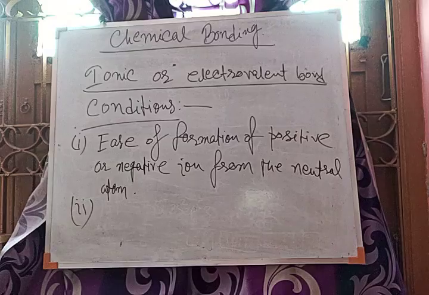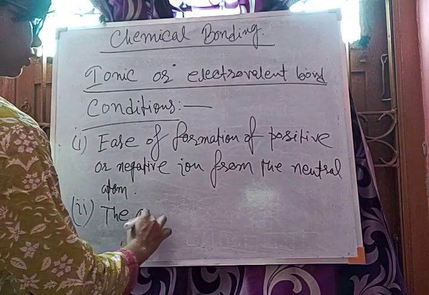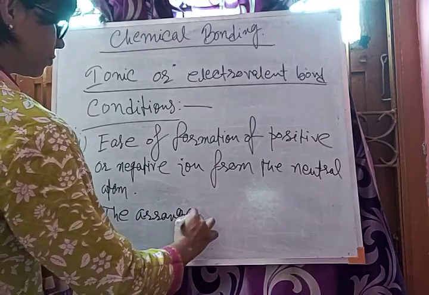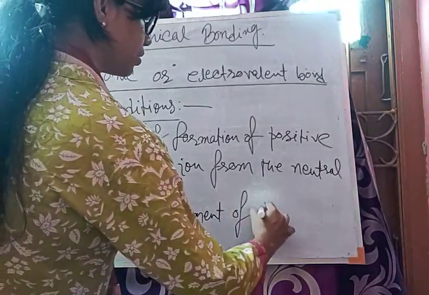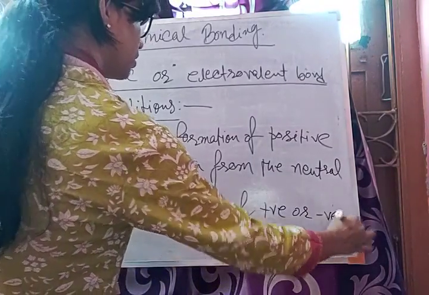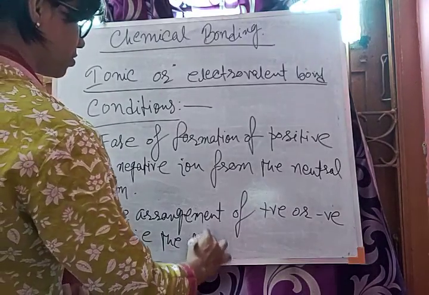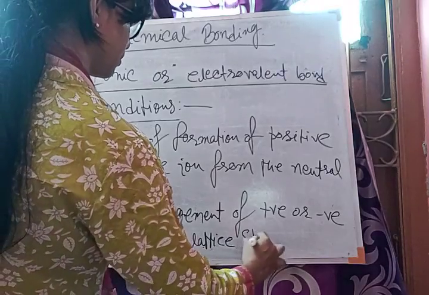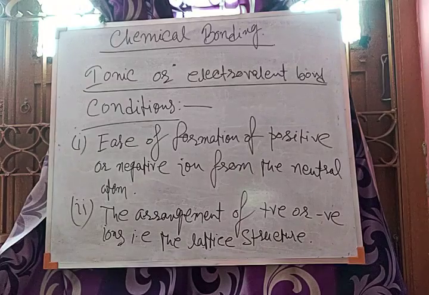That is the first point, and the second point is the arrangement of positive or negative ions, that is the crystalline lattice structure. I am coming to point 2 later. First point, that is ease of formation of positive or negative ion.